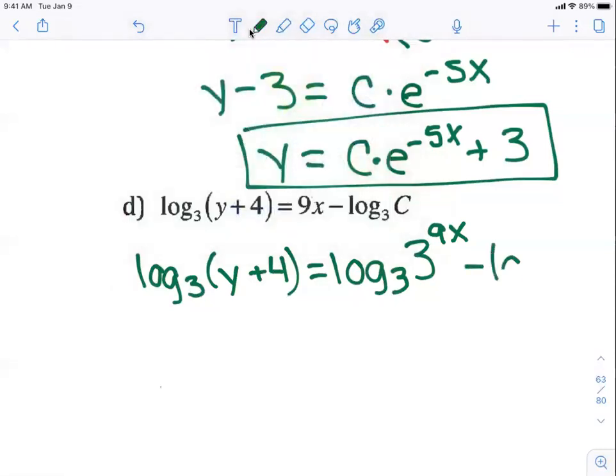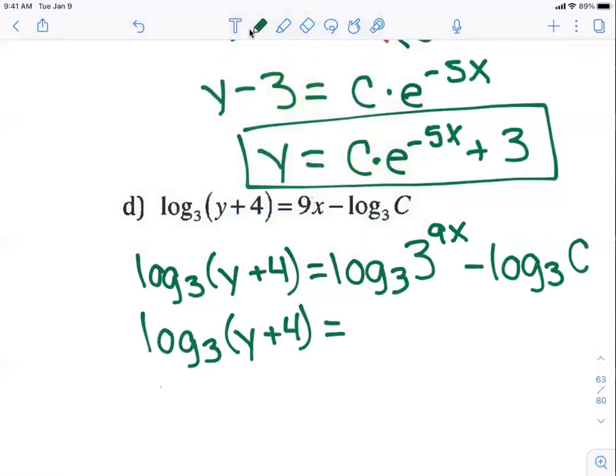Minus, and I'm going to recopy this down. The reason why we do that is because we want to isolate one log base 3 on each side. Now that these are both log base 3, and they're connected by subtraction, I'm going to take this divided by this.